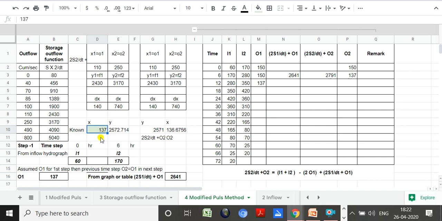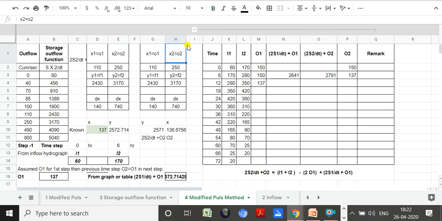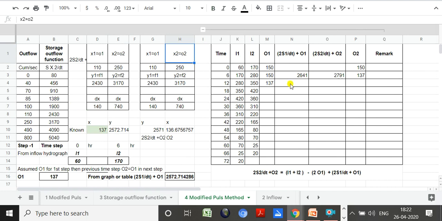For 137, the corresponding value of 2S1 by dt plus O1 from the graph equals 2572.